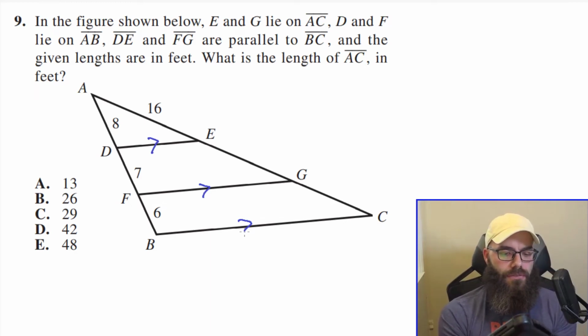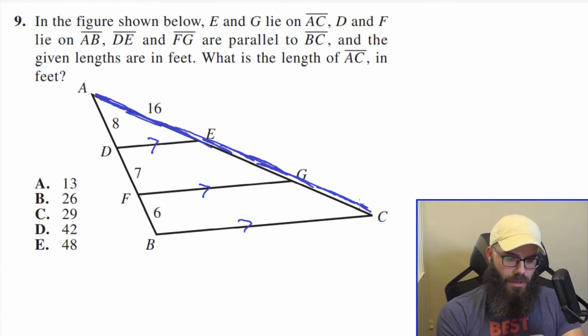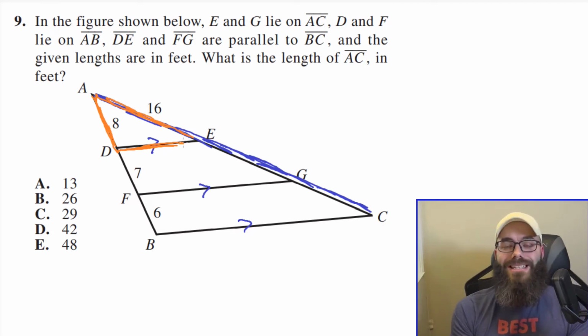So we're looking for the length from A to C. All right, if you look here, we have a triangle right here where we know two sides of that triangle. All right, the triangle ADE.